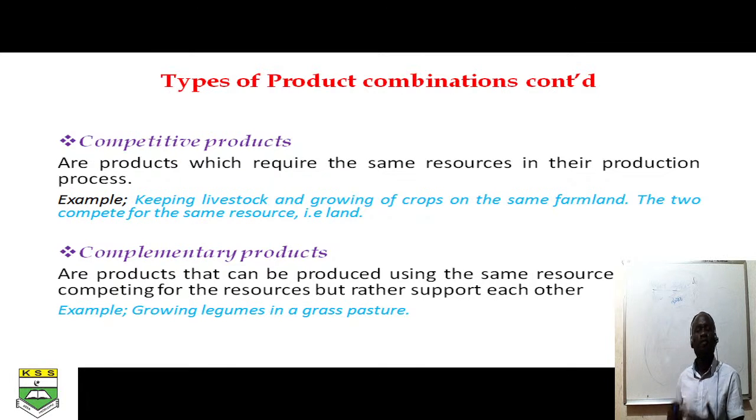The legumes, in fact, make the soil even more fertile, and the grass pasture will benefit. Remember, in our senior 2 in crop science, we say that legumes have the ability of fixing nitrogen into the soil, hence improving the fertility of the soil. So complementary products are those that can be produced with the same resource without competing for the resource.